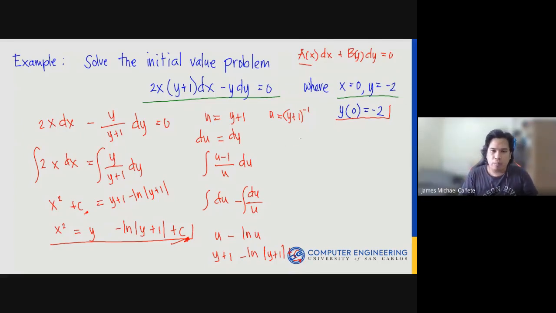If it's an initial value problem, the next step is to substitute the values for x and y into the solution. This means 0 squared equal to -2 minus ln of -2 plus 1, ln of -1, plus c, which is c equal to 2.